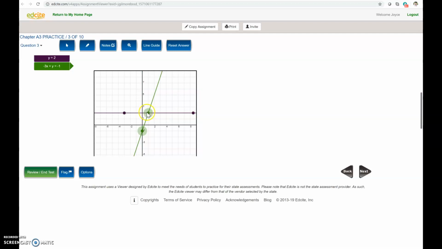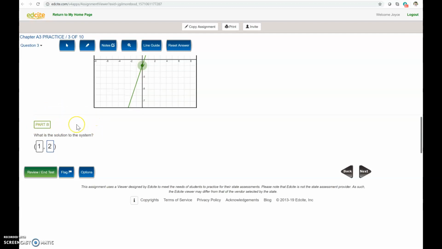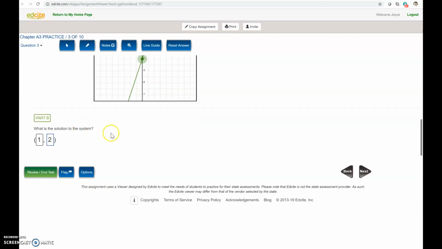That actually puts our second dot perfectly on that solution point. So our solution point is (1, 2). And so down here I would type in 1, 2. Don't forget to scroll down below the graph. Both of the things that you have to graph on this EdCite test involve a part B. So if you are graphing, there is more, scroll down.